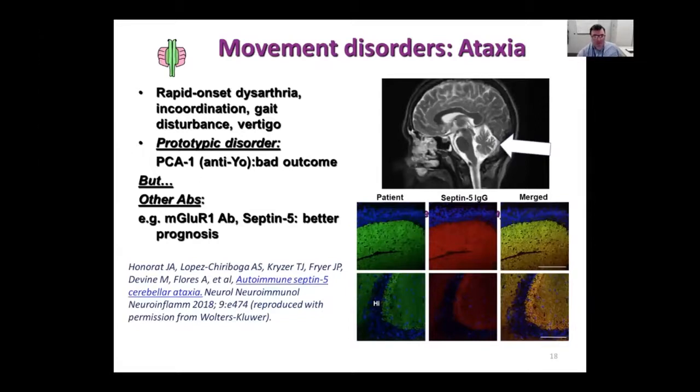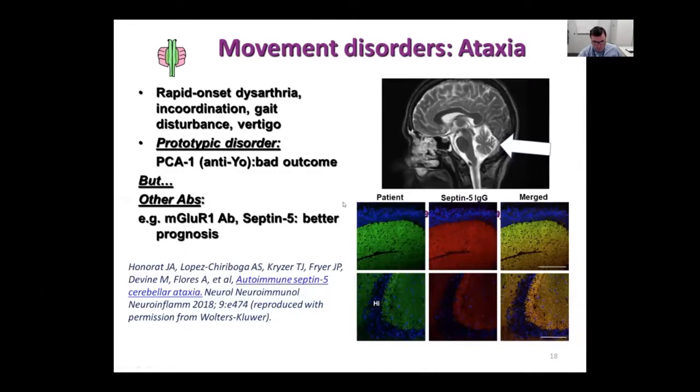So then autoimmune cerebellar ataxia. This is another form of encephalopathy, if you will, which is focused on the balance center of the brain, resulting in dysarthria, speech disorders, incoordination, gait disturbance, and vertigo.